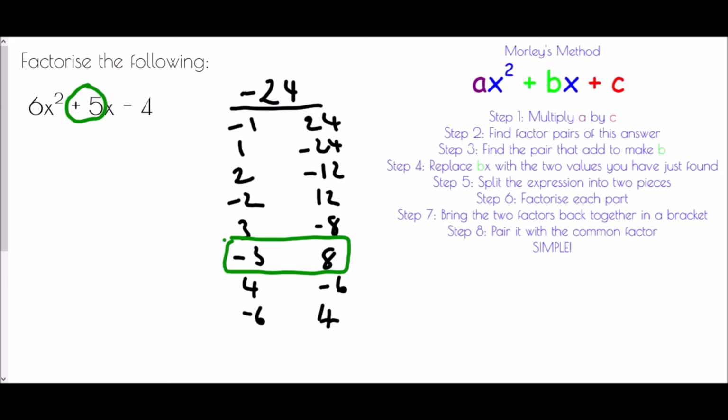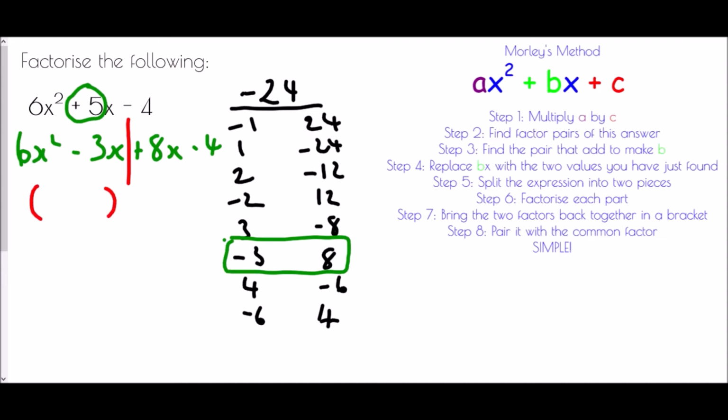Still the same process as before. We're now going to break down our bx into 6x squared minus 3x plus 8x and take away 4. And then we're going to split our expression in half again, in between the two x values in our expression, and then we're going to factorise.